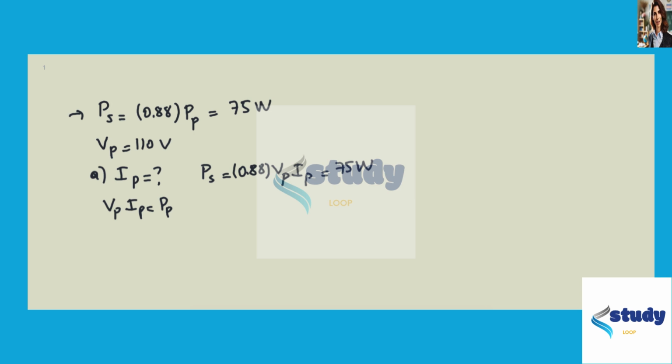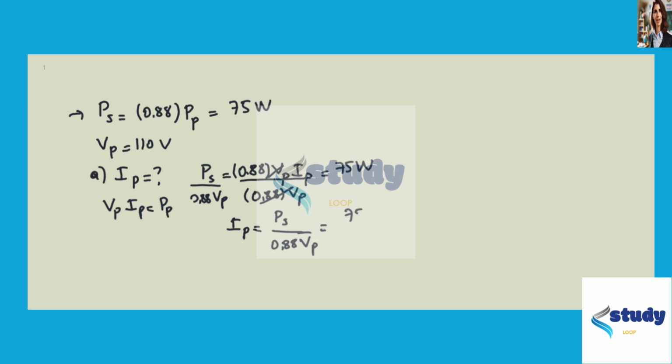Let's just work with the symbols for now. If we divide both sides by 0.88 times Vp, then for the primary current we have the secondary power divided by 0.88 times the primary voltage.